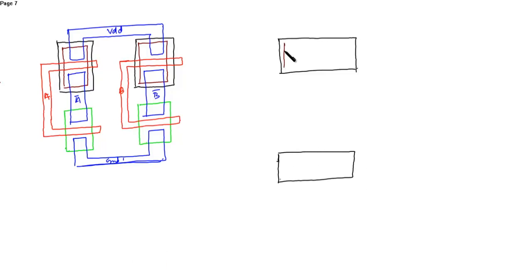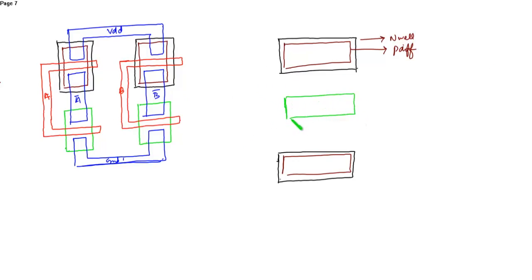Similarly, we need P diffusion 1, P diffusion 2. So this is N-well, P diff. Then this N diff.